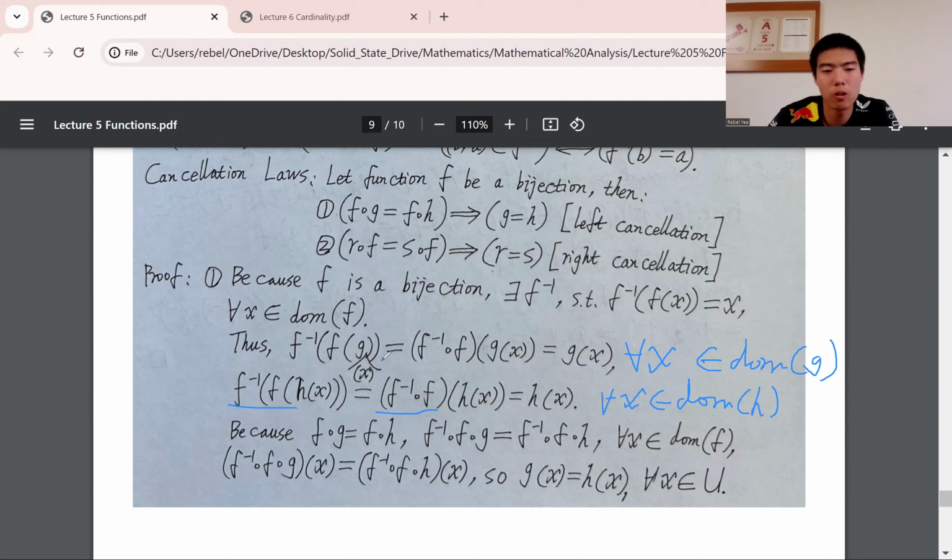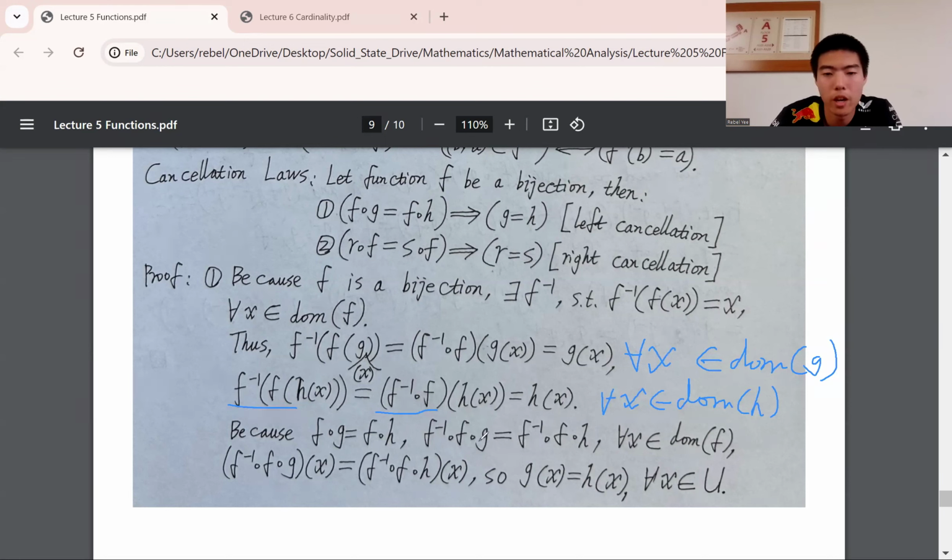And because they are equal, putting a composite function on both sides doesn't change the function's result.